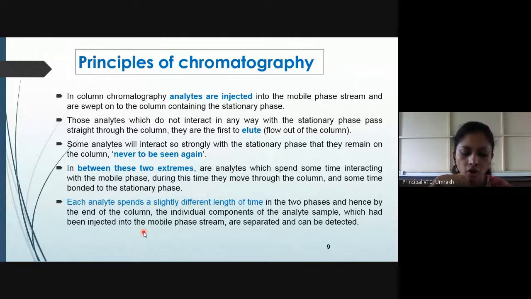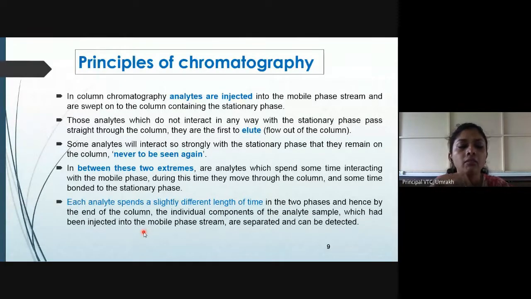Not all the analytes introduced always interact with the stationary phase. Some of them will not interact with it. They will be eluted first, moving with the mobile phase only.